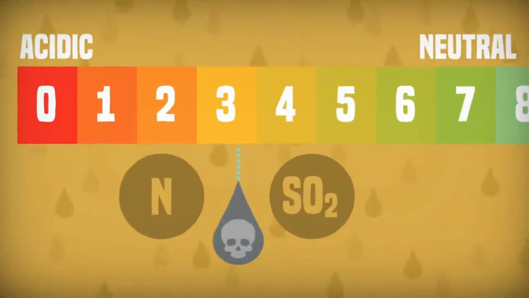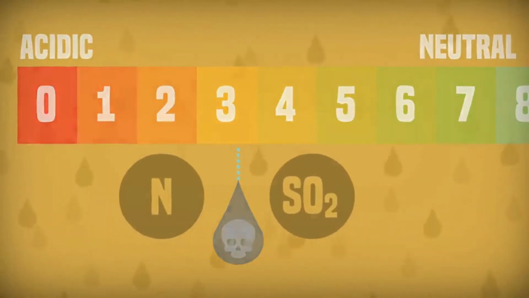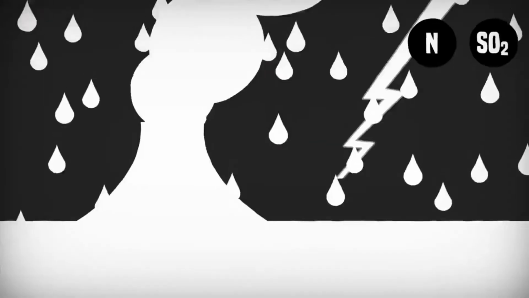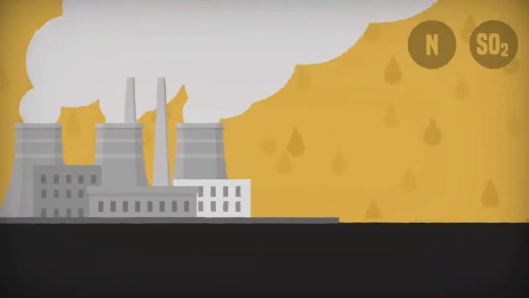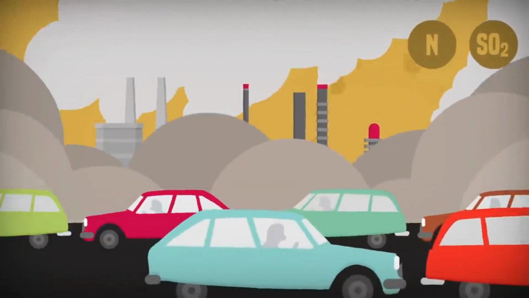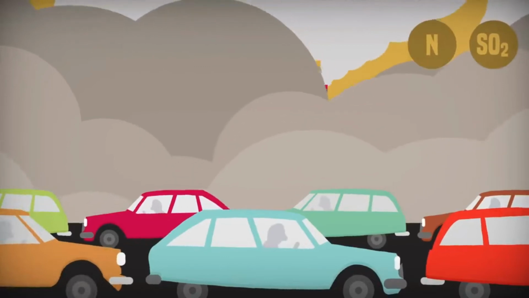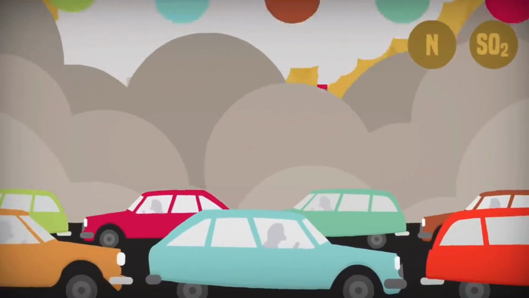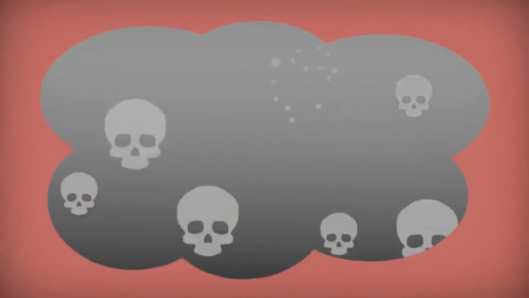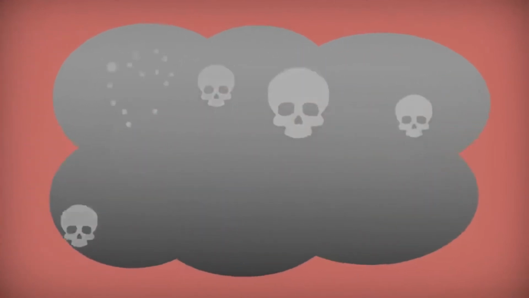Oxides of nitrogen and sulfur dioxide can appear naturally as a short-lived byproduct of volcanic eruptions or lightning strikes. But power plants, refineries, and vehicles that use fossil fuels consistently pump large quantities into the air. These dangerous gases travel with the wind, spreading hundreds of kilometers from the pollution's source.